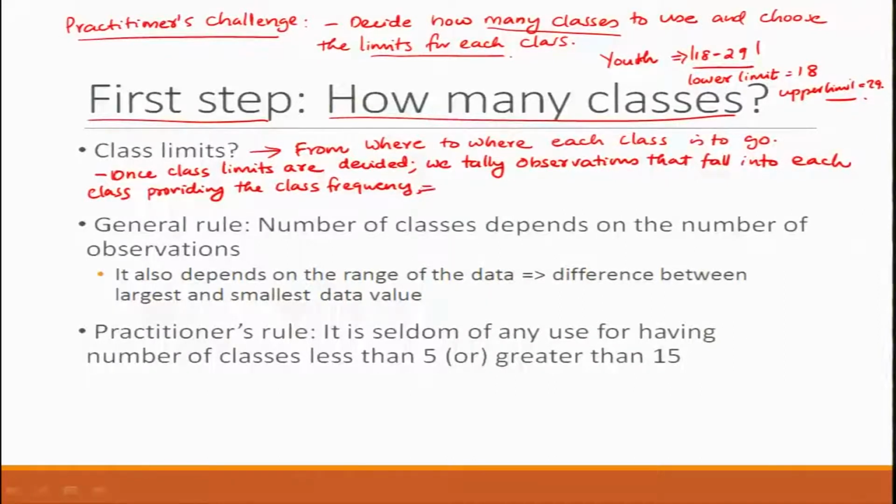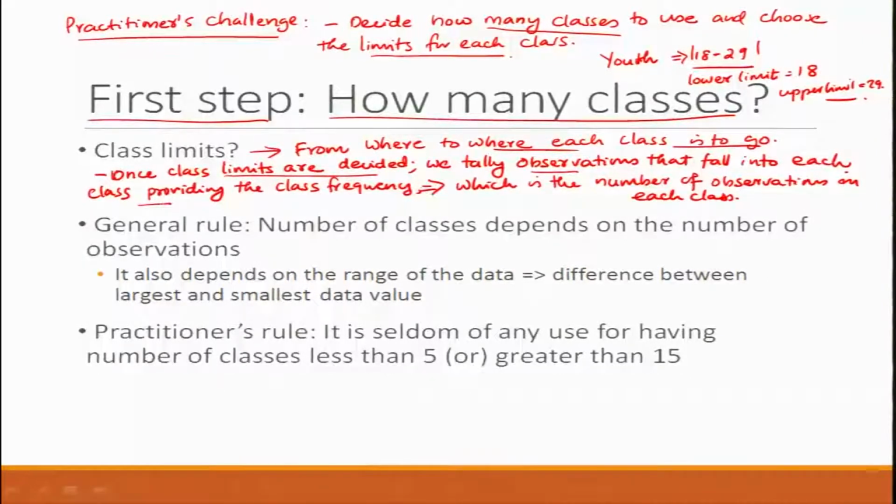So what is class frequency? It is the number of observations in each class. So, once we decide the upper limit and lower limit of each class, then we tally the observations that fall into each of these classes, and by doing that we get the class frequency. Class frequency means the number of observations that fall into each class.